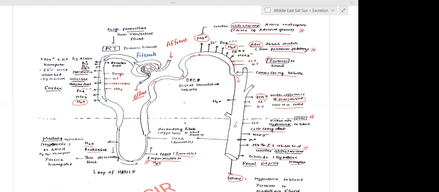Okay, urine formation. So first, glomerular filtration.